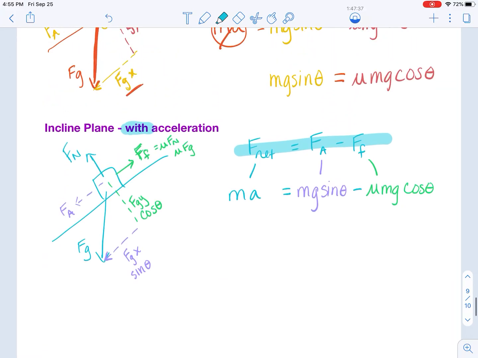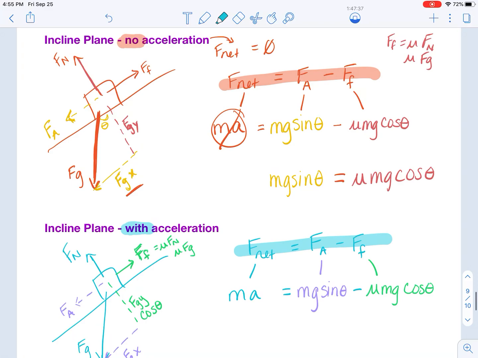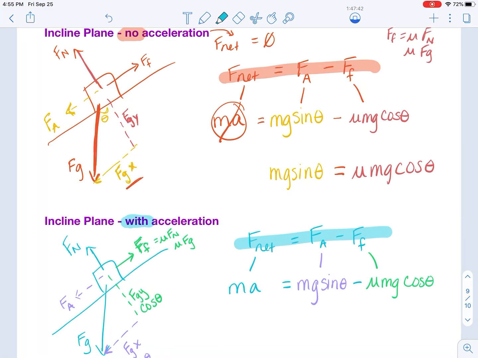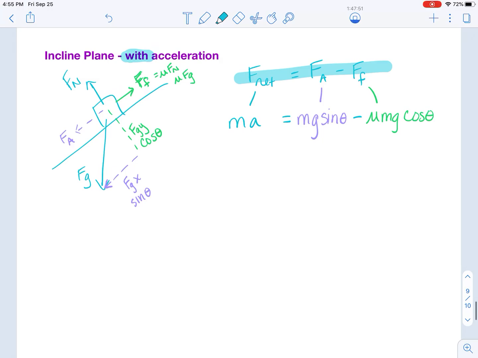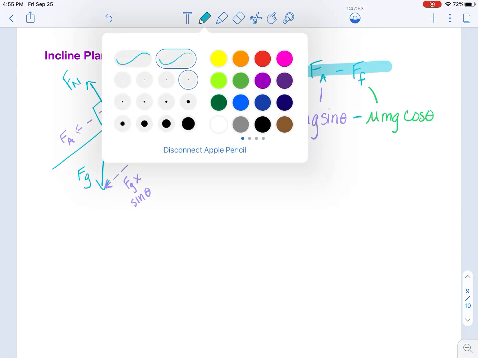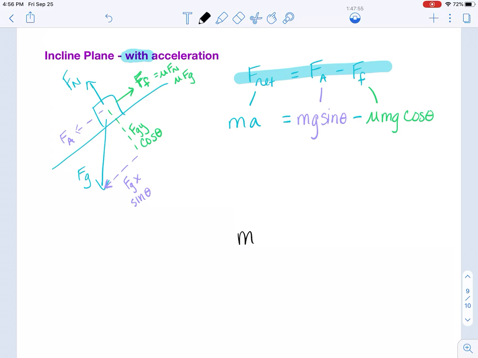Now, for both of these questions, it is possible for these inclined planes that you get questions where you're not provided your mass. So I just want to talk about that, and this is the last point that I want to make to you guys. If we are given a situation where I don't know the mass of my object, I just want to point out to you, in the situation where you have expressed your formula so that mass is present in all of your variables, okay?